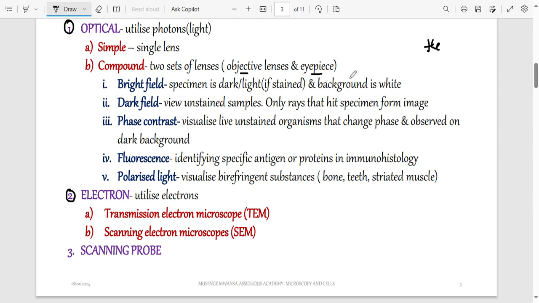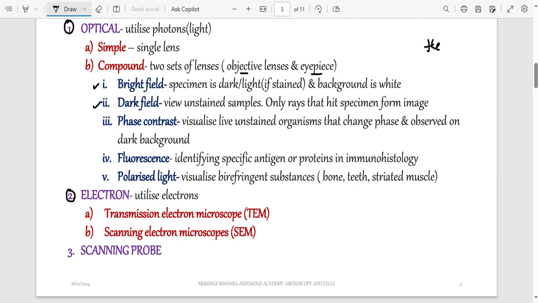So when the board is black and then you want to view things, it means the things that you should be able to view should be a bit whitish, right? So such a microscope where the background is dark is called dark field. A bright field microscope is a microscope where your background is white or some kind of light.